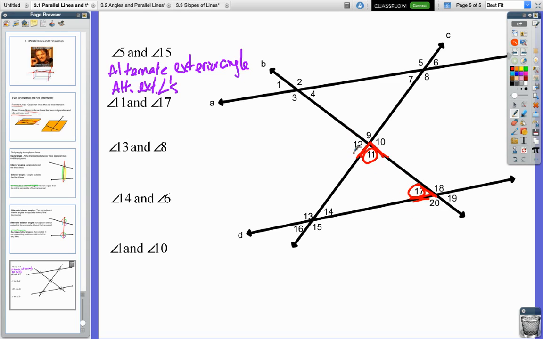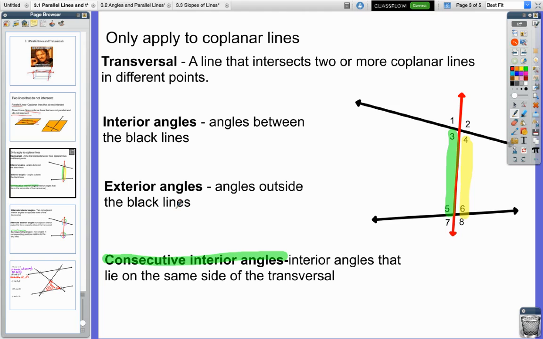All right. So looking at these two angles, are they interior or exterior? They're for sure interior. They exist between the two lines that are being cut right there. And they're on the same side of the transversal. So this is what we call consecutive interior angles. Another thing I forgot to mention, these are also called same side interior angles.